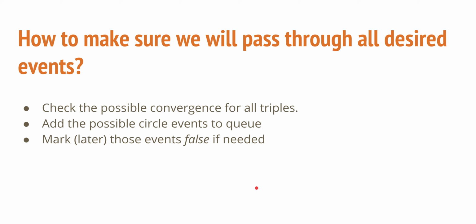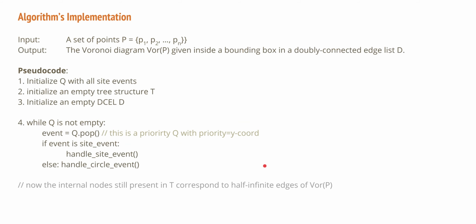So each time we encounter an event, we'll have to search for possible triples whose breakpoints may or may not converge, and add those possible convergences to the circle events in the queue. Later, maybe we will change those events to false if needed.